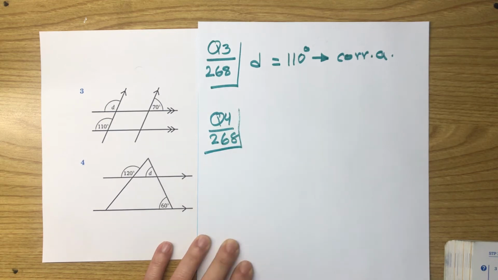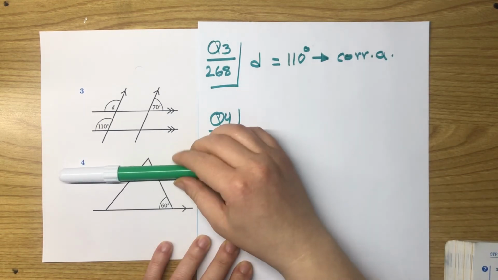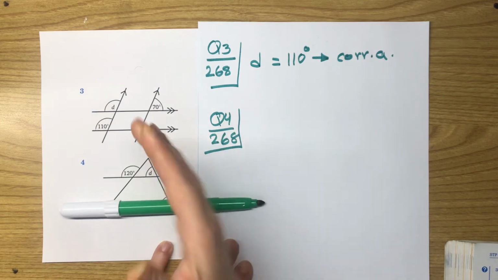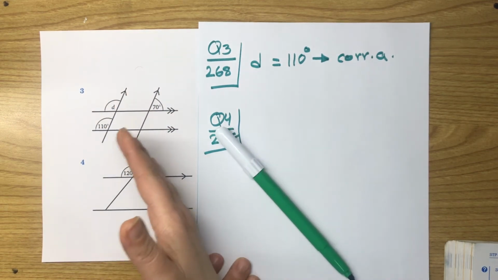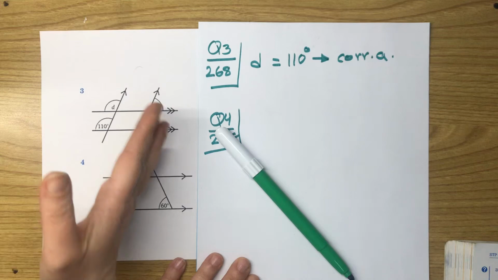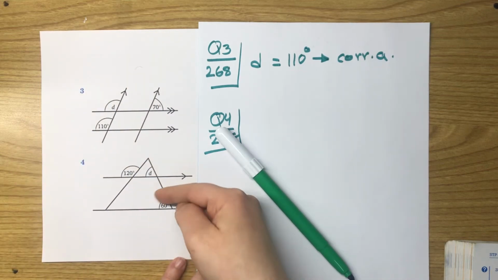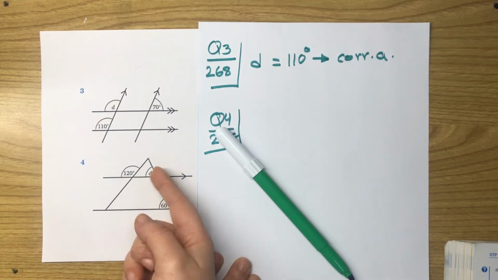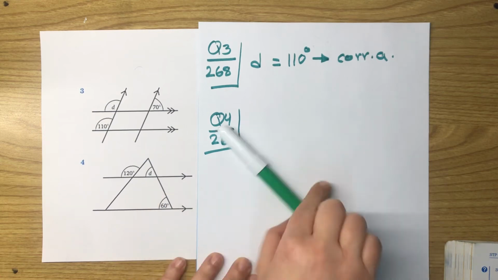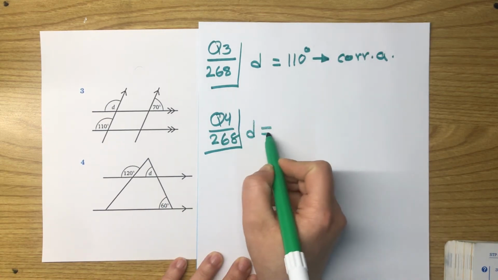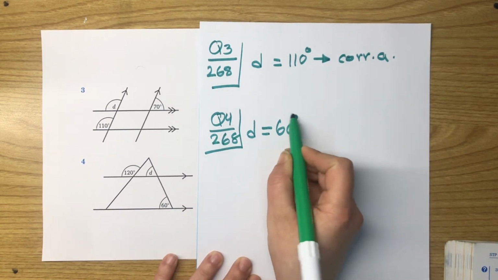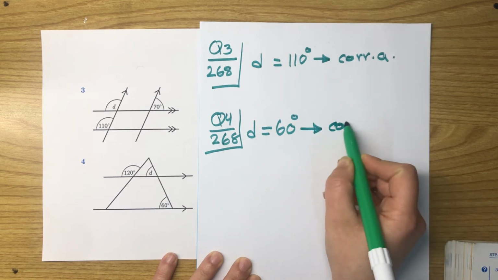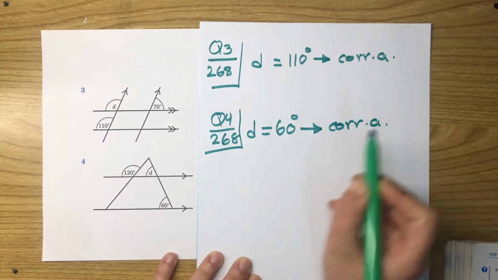Next question, 4, page 268, angle D. Parallel, parallel, left, left, upper, upper. So D is going to be equal to 60. Why? Corresponding angles.